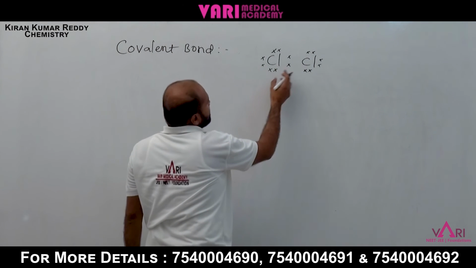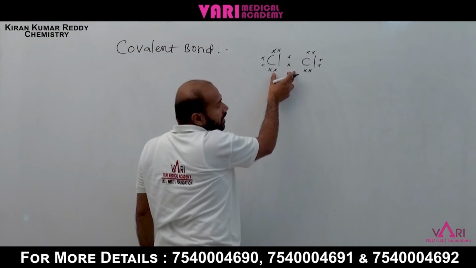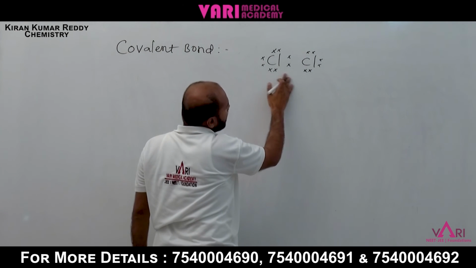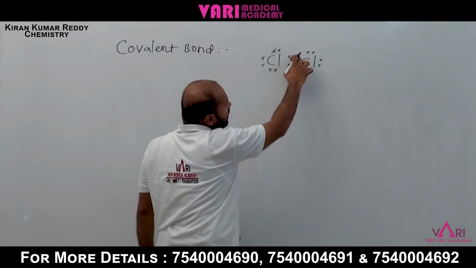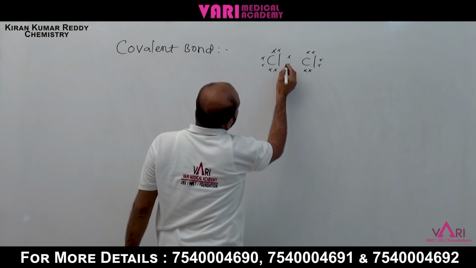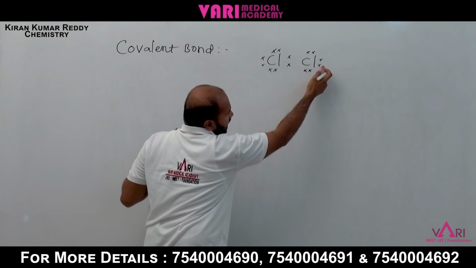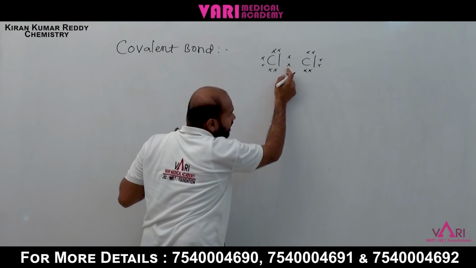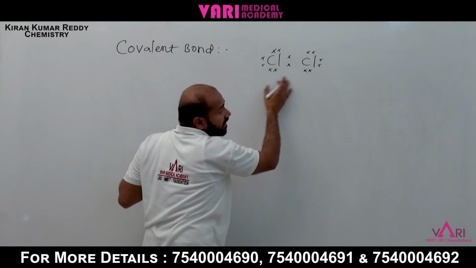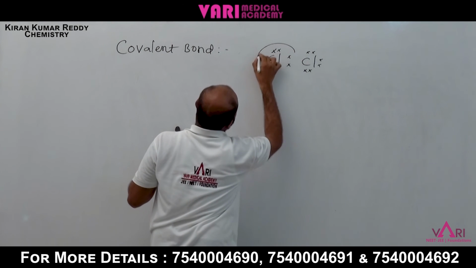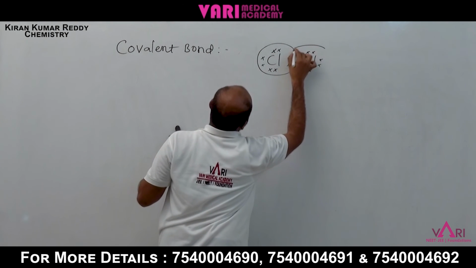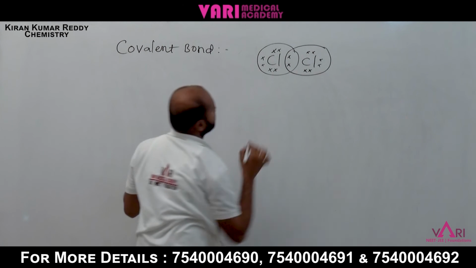The shared pair of electrons are mutually shared. One chlorine atom gives one electron, another chlorine atom gives another electron. This pair of electrons is shared by two atoms mutually. This is called a covalent bond.